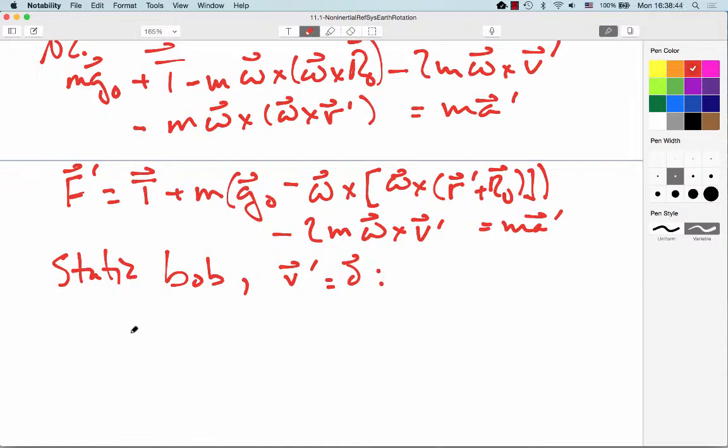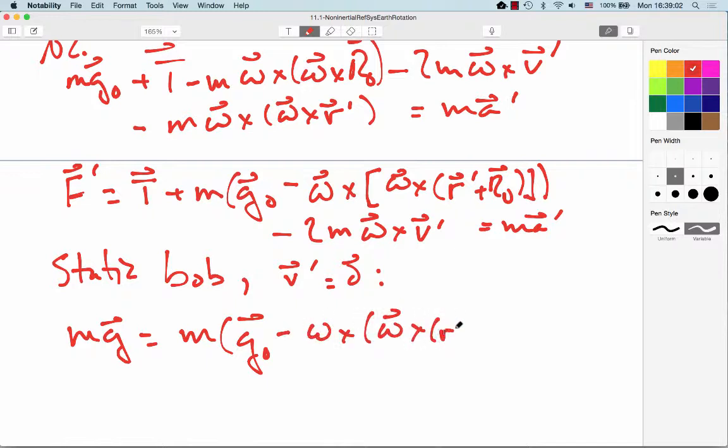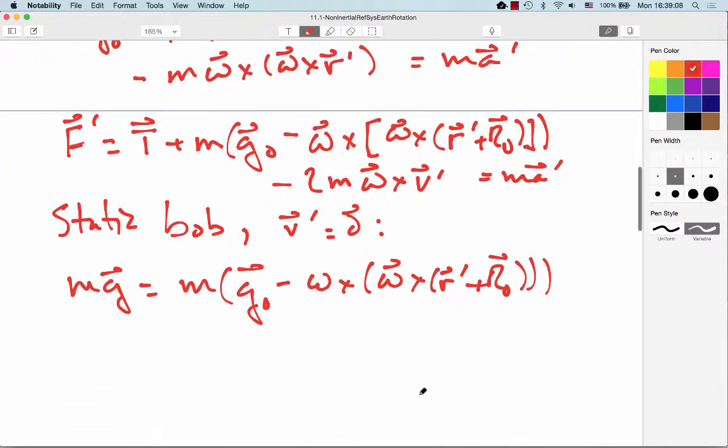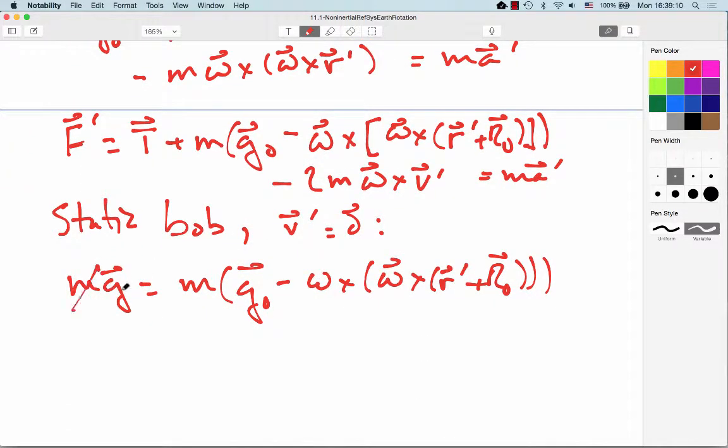So that will give me that my apparent force, or my observed force, mg, will equal m times g naught minus omega cross omega cross r prime plus r naught. And we can cancel the m's.